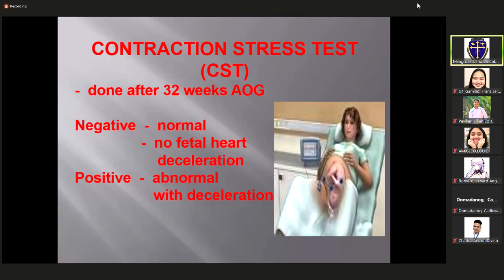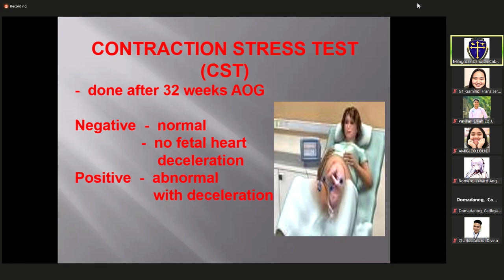Okay? Di ba si oxytocin ang nag-stimulate para mag-contract yung ating, anong tawag mo dyan sa breast, guys? Yung kung saan nag-store ang milk. So, i-contract yun ni oxytocin for the milk to be ejected.